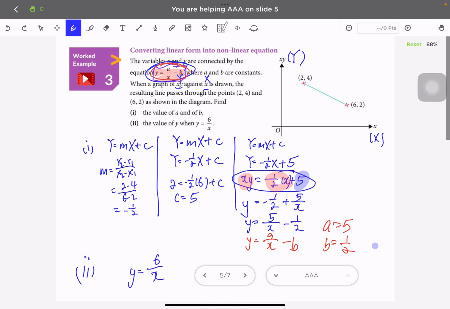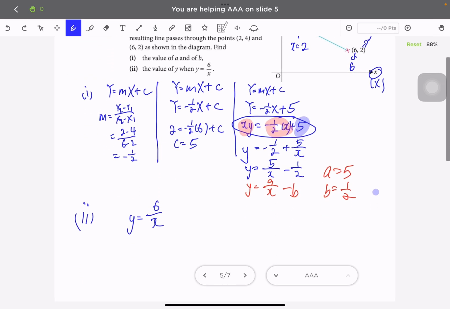Let's look at the graph first. This 4 is actually xy equals 4, and this x here is x equals 2, because of the two axes given as the variables here. This 2 here, on the big Y axis, is xy equals 2, then the x will be given as 6.